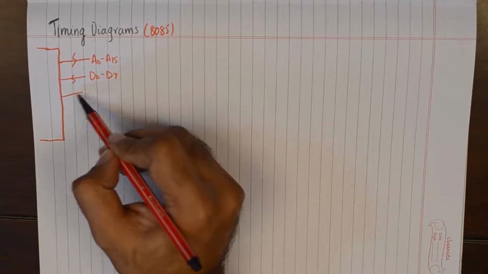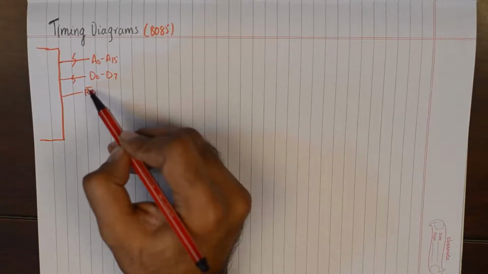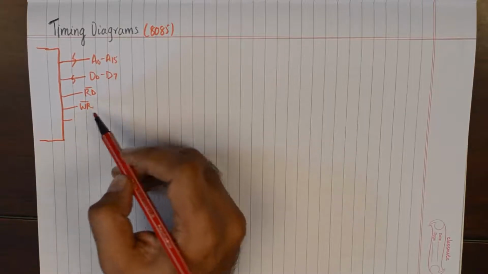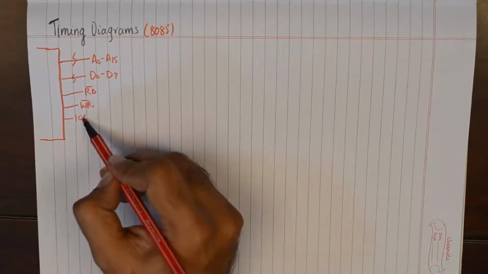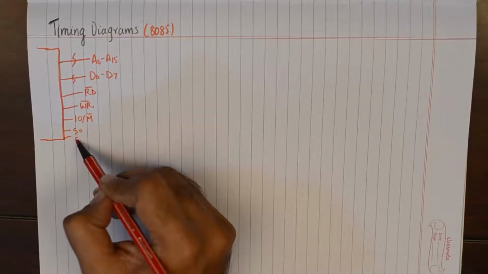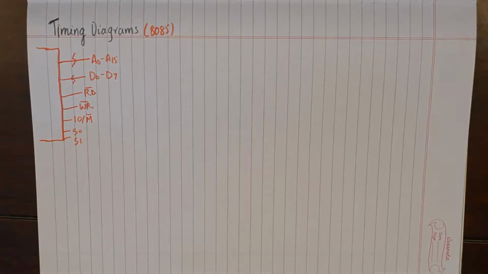Then we have read, then we have write, then we have IO/M, then we have the status pins.